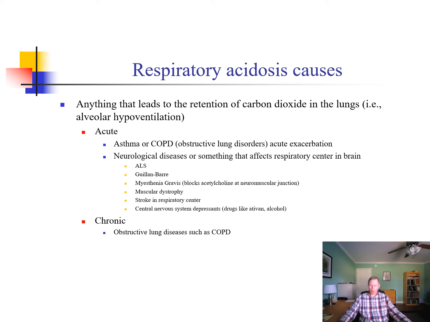There are also neurologic diseases that affect the respiratory center in the brain, things like amyotrophic lateral sclerosis or Lou Gehrig's disease, Guillain-Barré, myasthenia gravis, which is a neurologic disease, but actually is when the body is making autoantibodies, antibodies to the neuromuscular junction acetylcholine receptor.